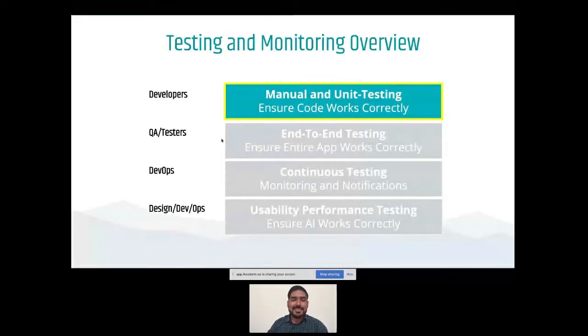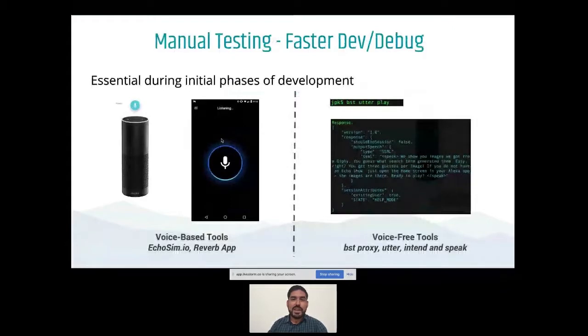So for manual testing, we know that this is essential during the initial phases of development. When you start building an application, the first thing that you need to look at is, well, if it's really working with Alexa, with Google, if it responds, and that everything works correctly, right? So on that stage, usually you would test with your physical device, be it an Amazon Echo or a Google Home.